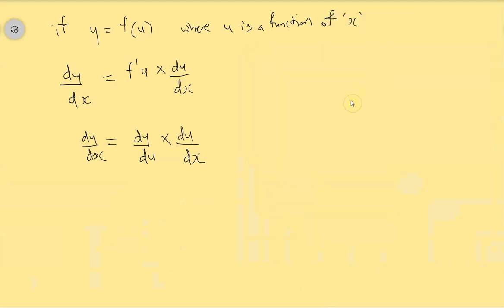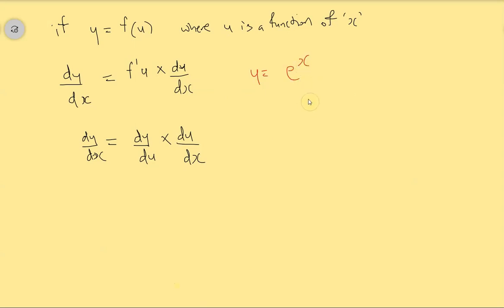Alright, good. Let's look at a problem with exponents. Again, I haven't done differentiation of exponents on the channel, but you can learn now. Let's say we have y equals e to the x.